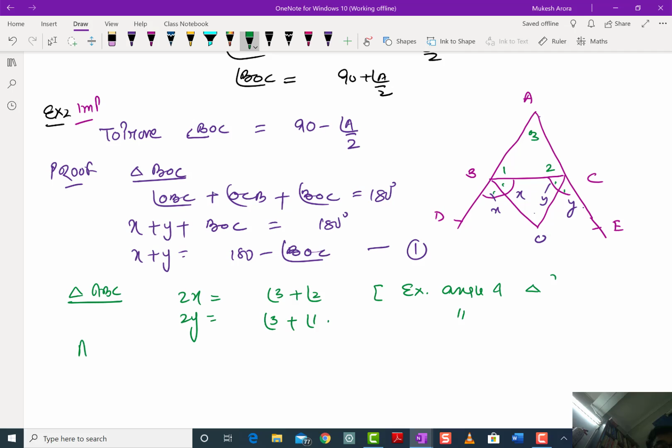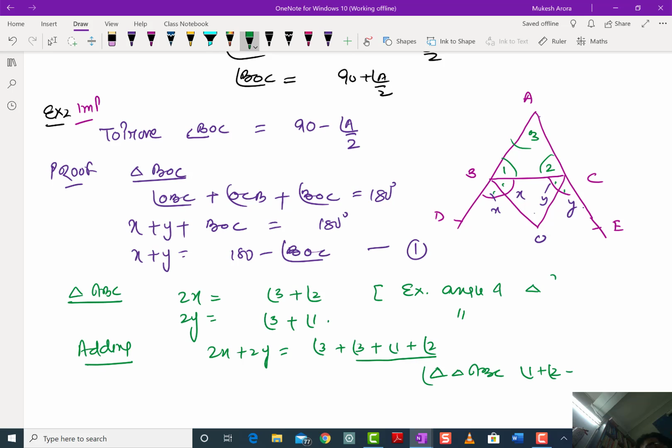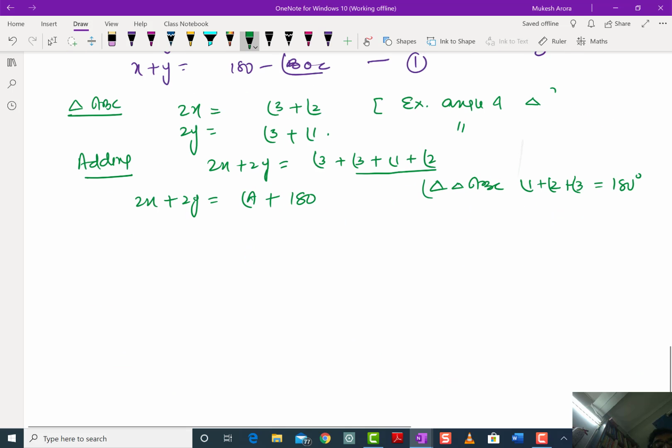Adding them, 2x plus 2y is equal to angle 3 plus angle 3 plus angle 1 plus angle 2. In triangle ABC, angle 1 plus angle 2 plus angle 3 is equal to 180. So 2x plus 2y, angle 3 we can write as A, and the rest is 180.